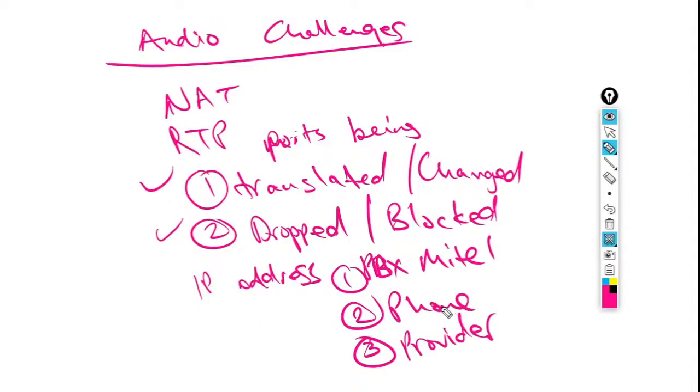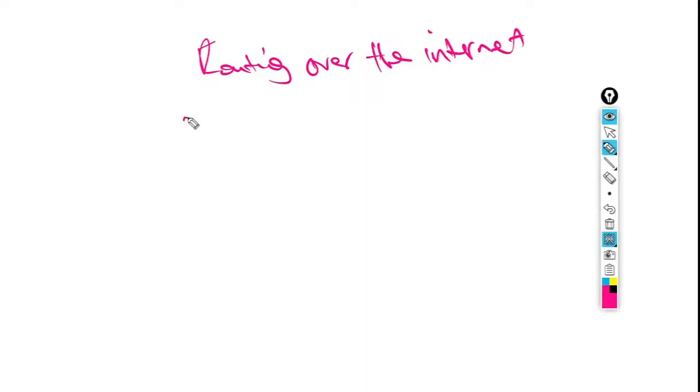This will also cause us audio issues. Or we could have the absence of a public IP address when we are routing over the internet, and we expect to have a public IP address.